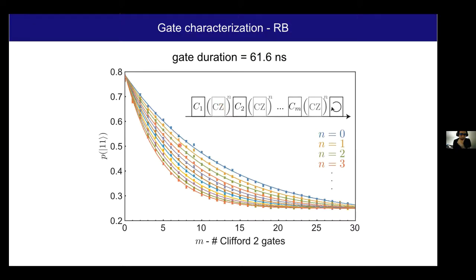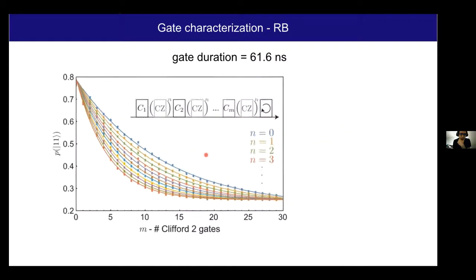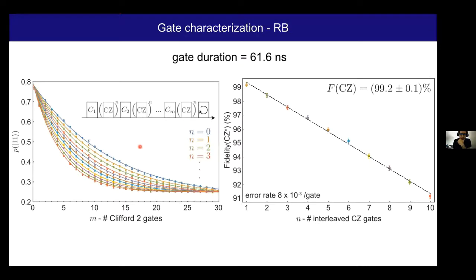Then we get the green curve. And then we can interleave 3 CZ and get the red curve, and so on and so forth. And what we can plot then is the fidelity of CZ to the n as a function of the number of interleaved CZ gates. So what we could find is that if we just interleave 1 CZ gate, we benchmark a single CZ gate, and the fidelity of a CZ gate is 99.2%.